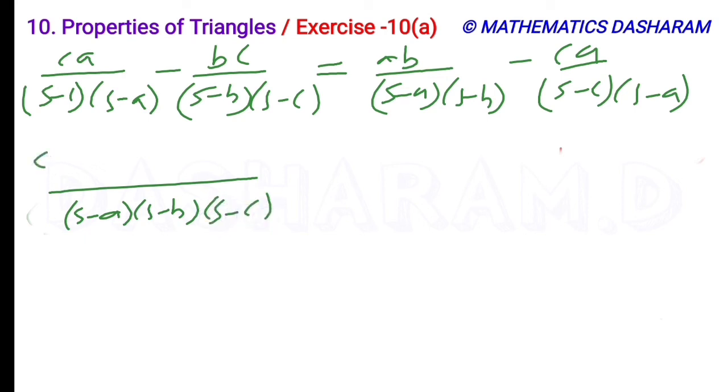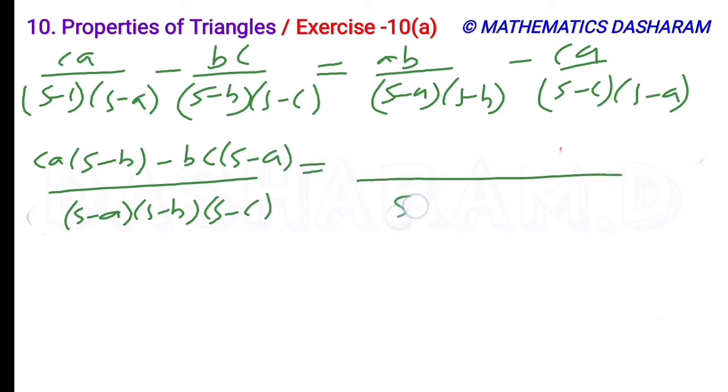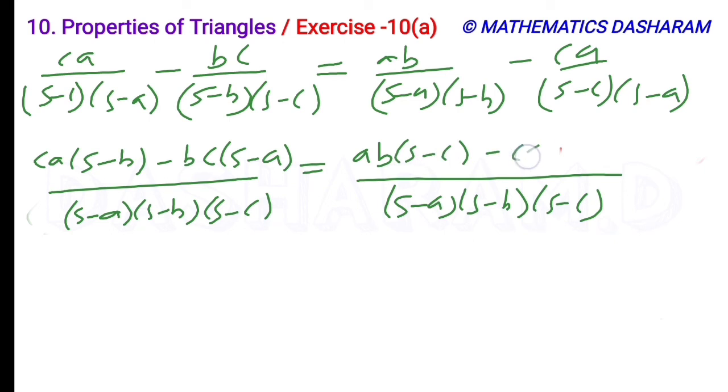So then ca into s minus b, minus bc into s minus a. Next the right side also the same, s minus a into s minus b into s minus c, ab into s minus c, minus ca into s minus b. Left side and right side have the same denominator, so we can cancel them.